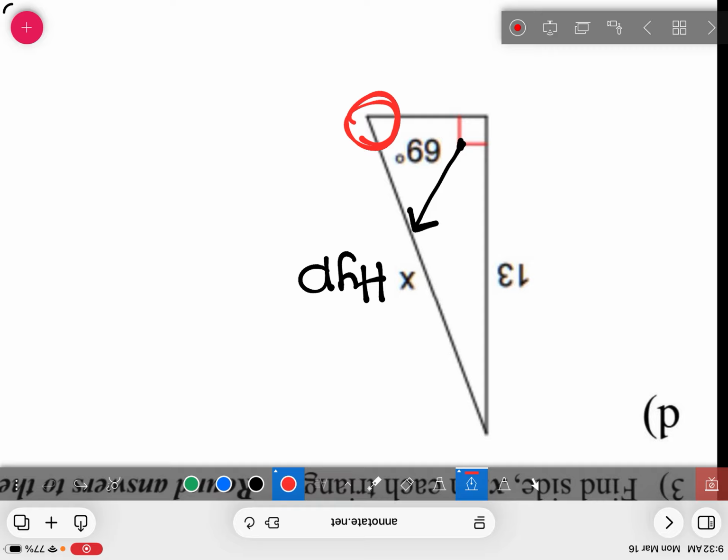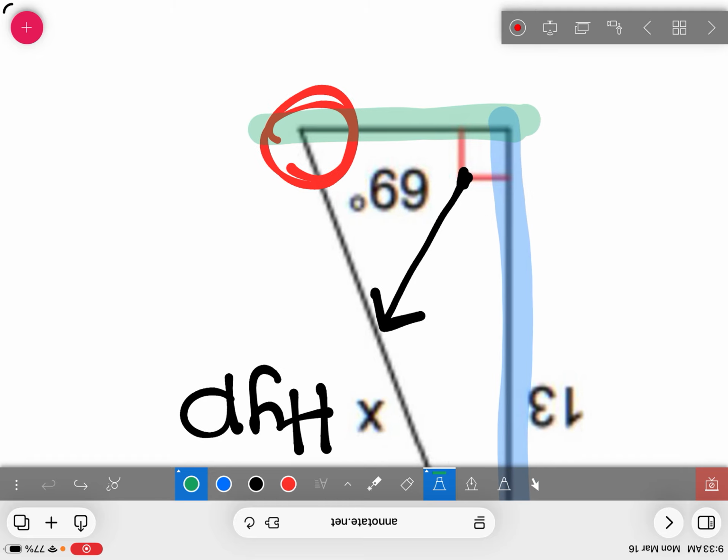All right, so we got two more sides. I have this side, and I have this side. All right, does the blue road run into the house? It doesn't. That means the blue road is opposite.